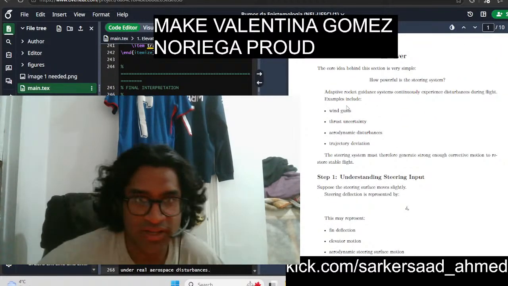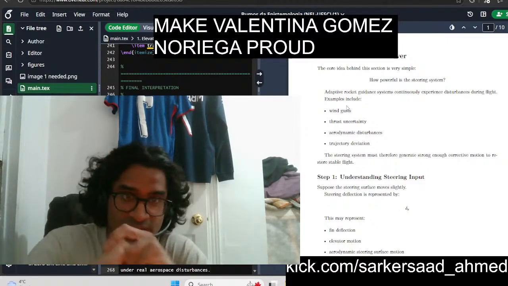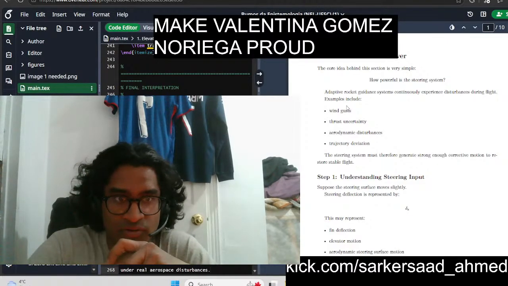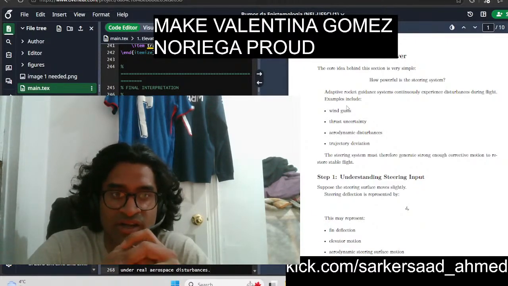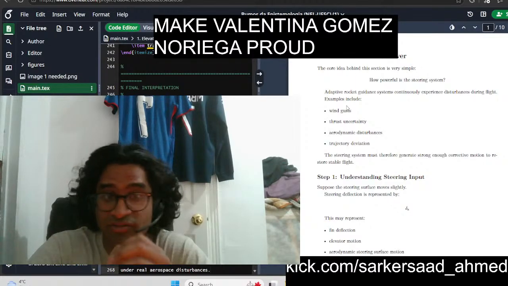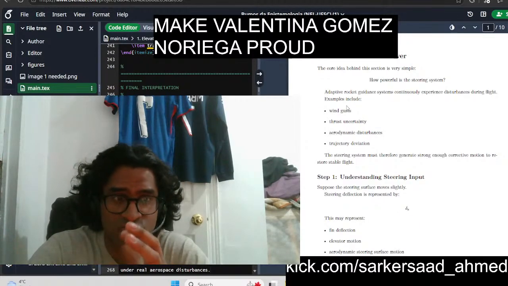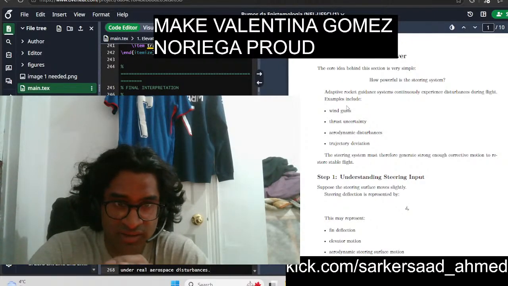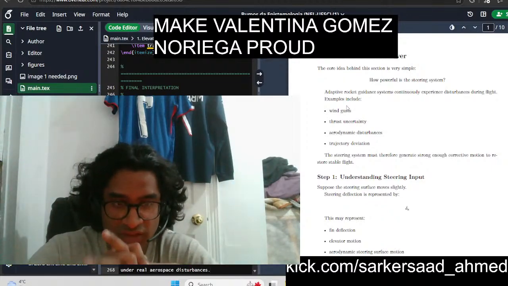So the core idea behind this section is simple. It shows how powerful the steering system is. The adaptive rocket guidance system continuously experiences disturbances during flight. For example, you have wind gusts, thrust uncertainty, aerodynamic disturbances, and trajectory deviation. The steering system must therefore generate strong enough corrective motion to restore stable flight. Suppose the steering surface moves slightly.